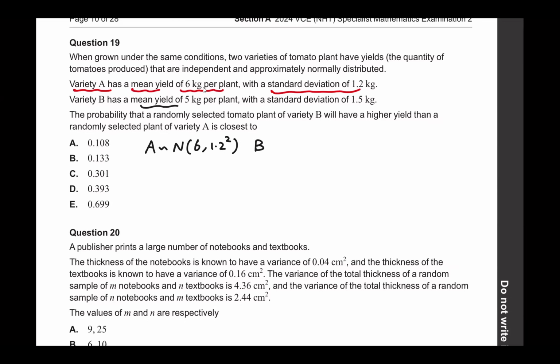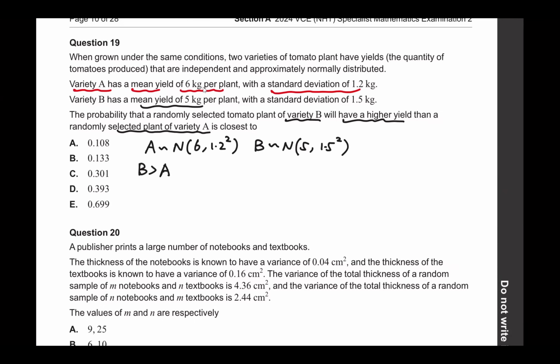Variety B, mean yield is 5. So it's another normal, 5, standard deviation 1.5 squared. We would like a randomly selected plant of variety B to have a higher yield than a randomly selected plant of variety A. So we would like to find A greater than B. Oh, sorry, actually the other way around.